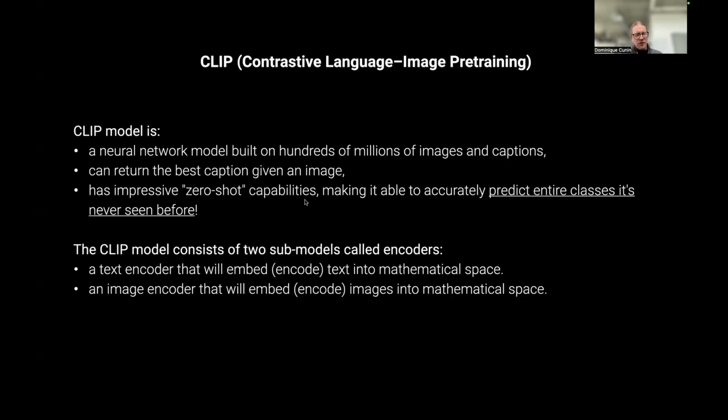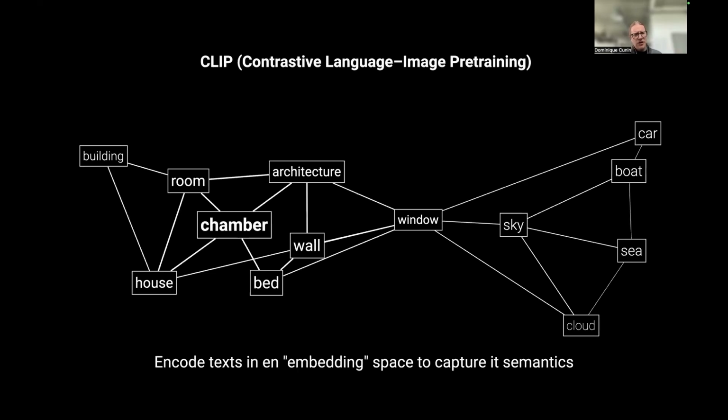But what was impressive with CLIP and also with other diffusion models is these zero-shot capabilities, which means it will give you answers about something it never learned about. So a CLIP model is made of two parts, a text encoder and an image encoder.